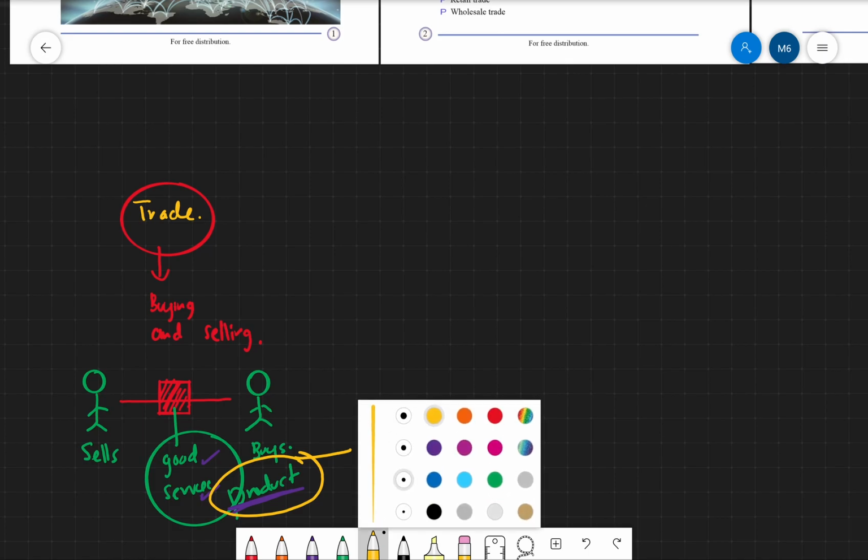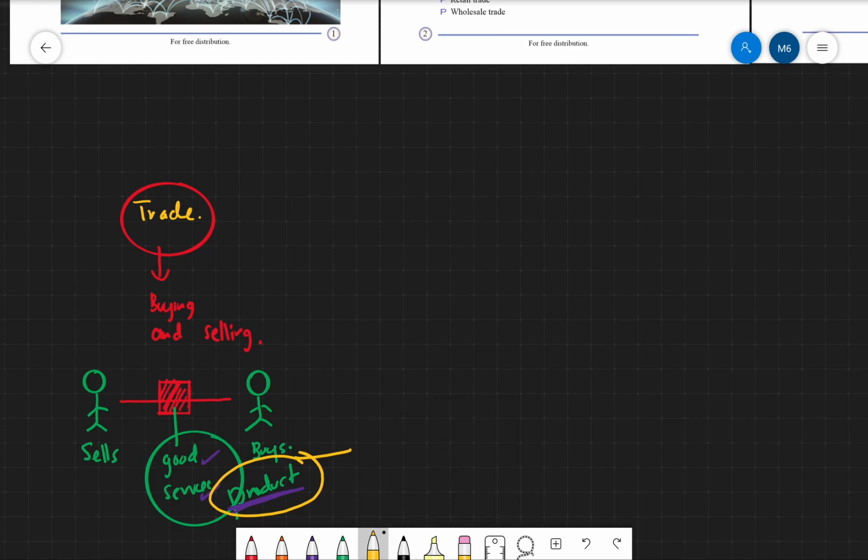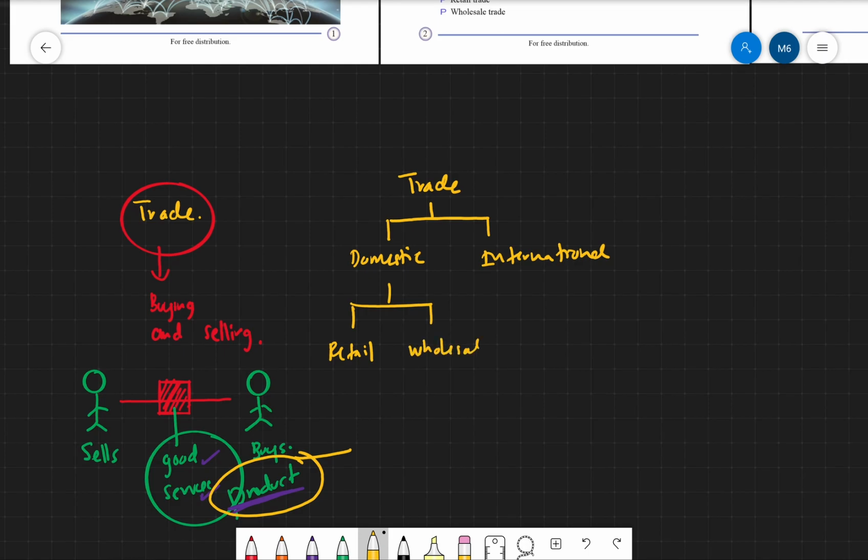Let's see what the main classifications of trade are. Trade is mainly divided into domestic trade and international trade. There are many domestic trade types, but our main classification is the retail trade and the wholesale trade.